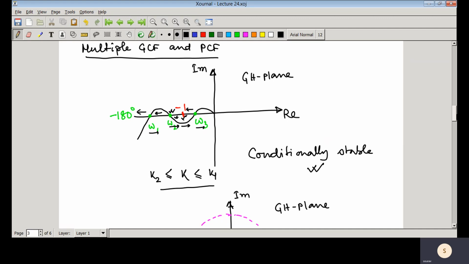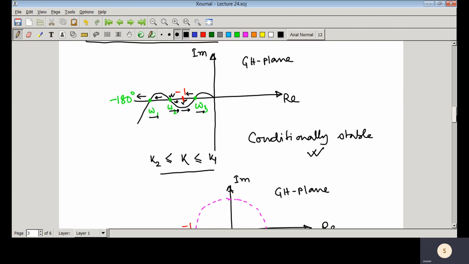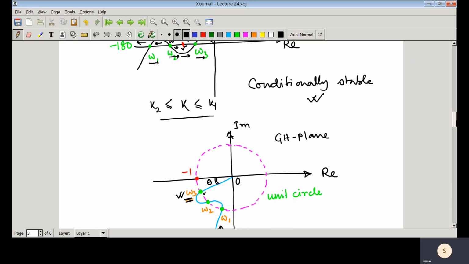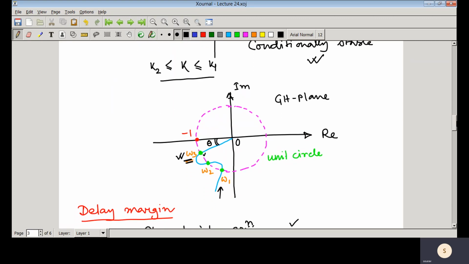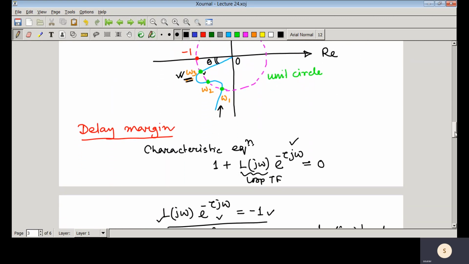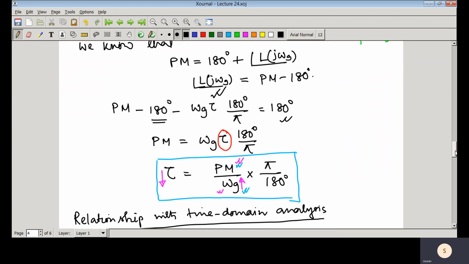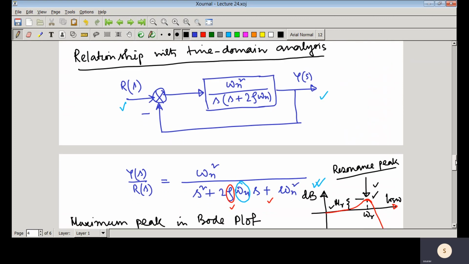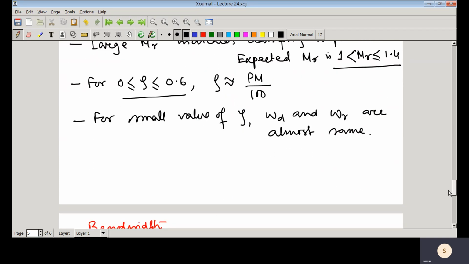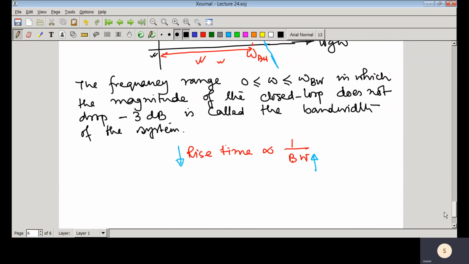And if you have multiple gain crossover frequencies and phase crossover frequencies, how to handle those situations. In one case it would be a conditionally stable system, and in another case you can find the phase margin and the delay margin. And here we have established some relationships between time domain analysis and frequency domain analysis, and finally we have given the definition of bandwidth.